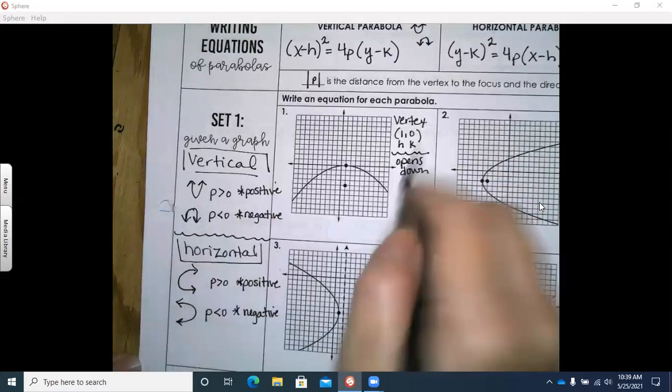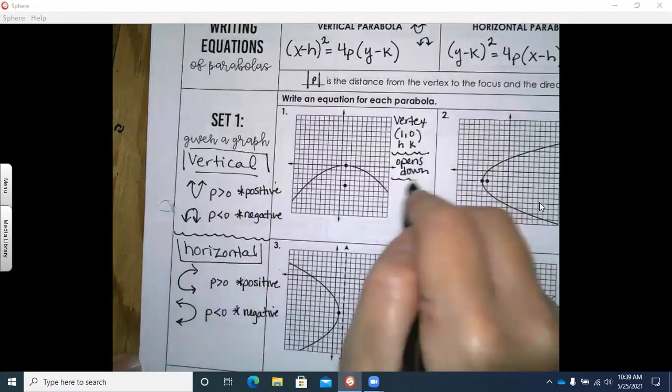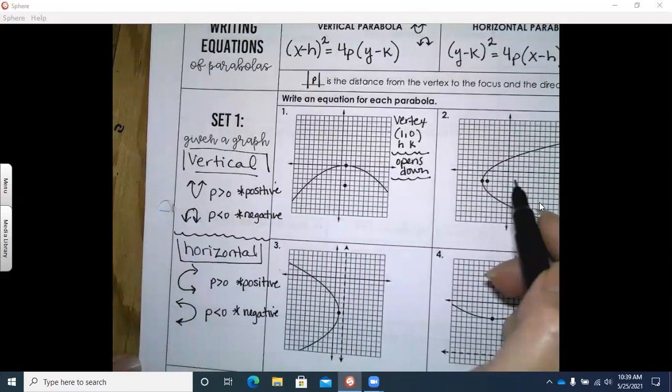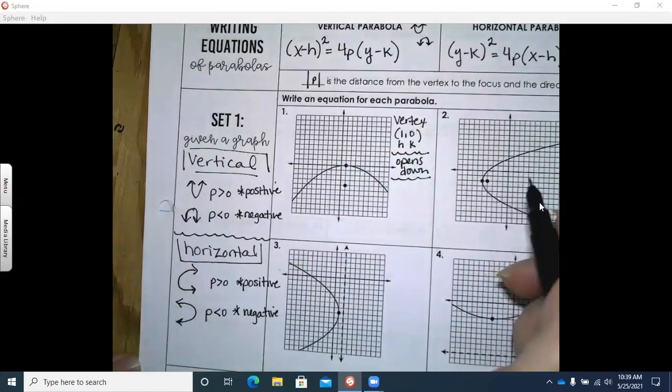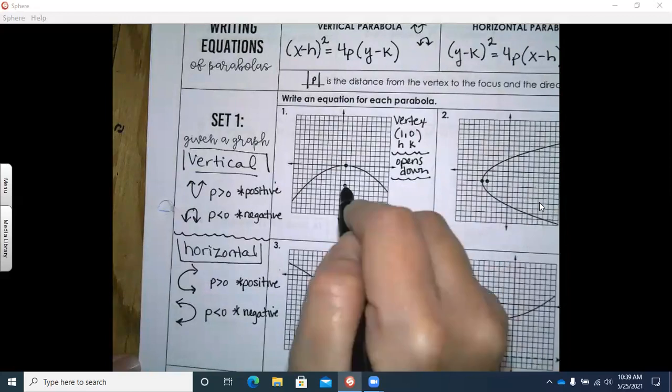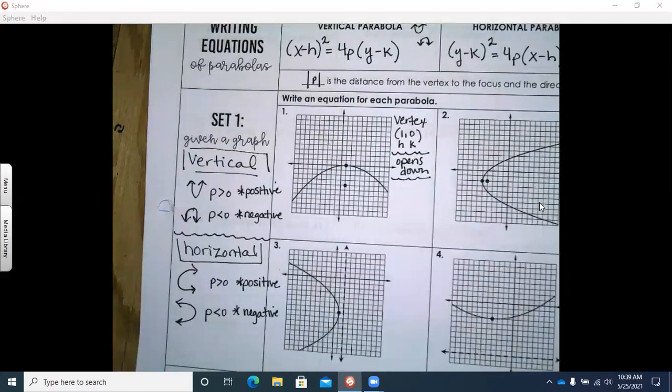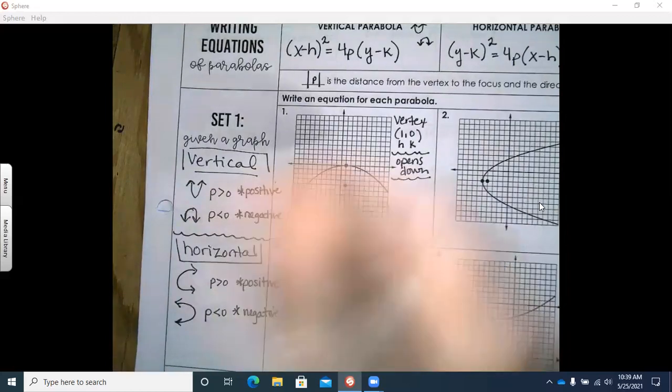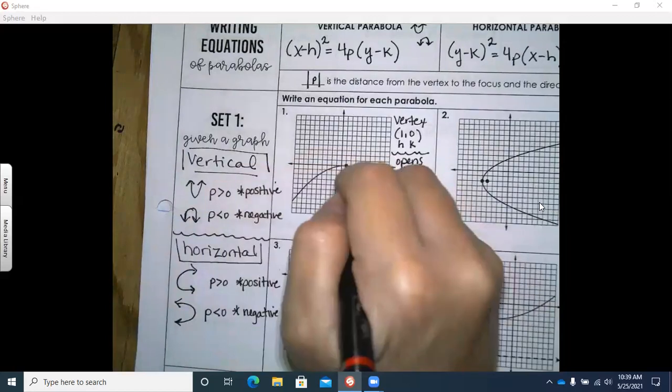Well, let's figure out what p is. We know that p is the distance from the vertex to the focus or the vertex to the directrix. Since they gave us the focus, let's figure out what that distance is. It is 1, 2, 3, 4 units.